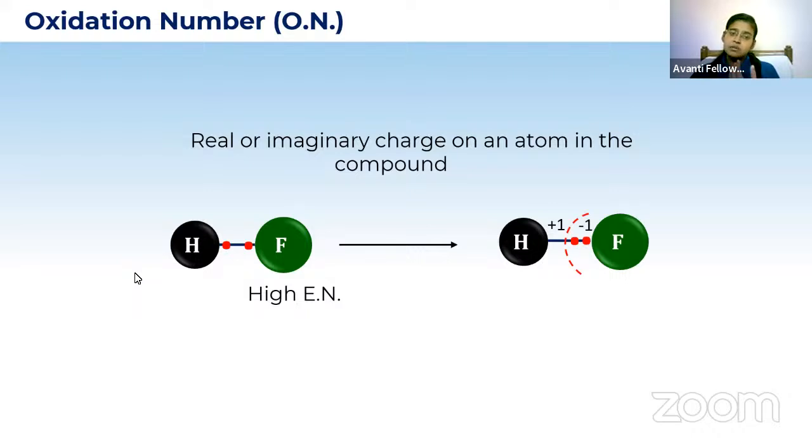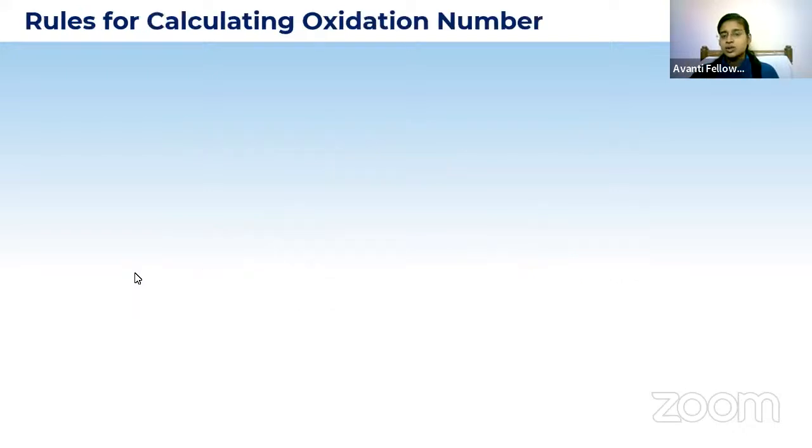So that charge can be a real charge or it can be an imaginary charge on each atom in the compound. And we define this as oxidation number. Is it clear for all of you now? Able to understand the definition of oxidation number? Yes? Very good. So now let's go for some rules to calculate the oxidation number.